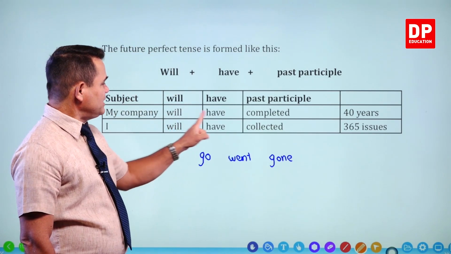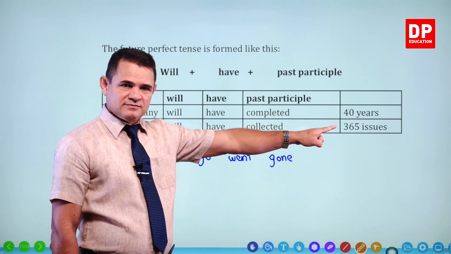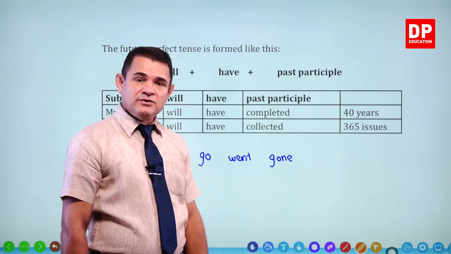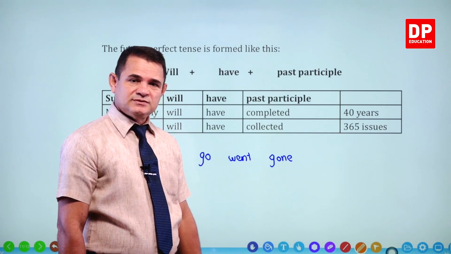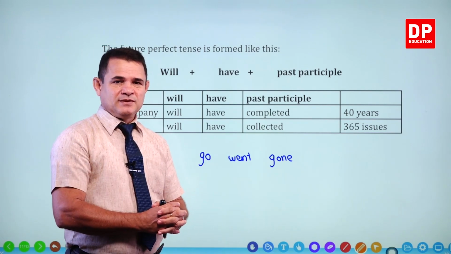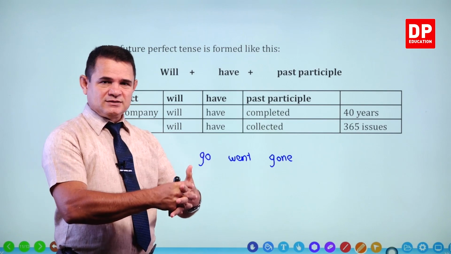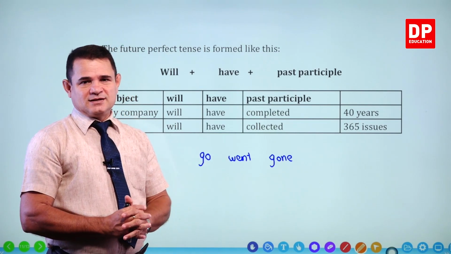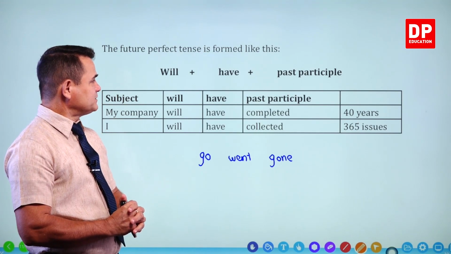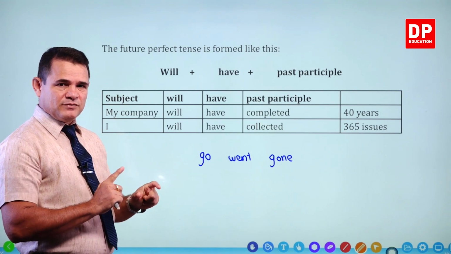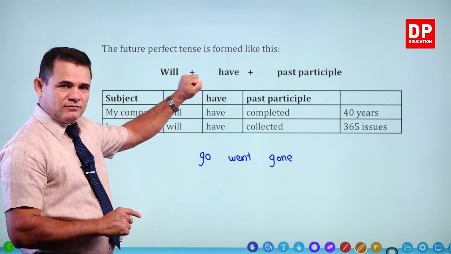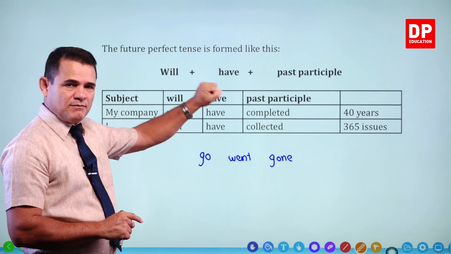My company will have completed 40 years, and I will have collected 365 issues. Both these are something that will have happened in the future. And then you remember, first we learned simple future: will plus verb 1, will go, will write, will play.